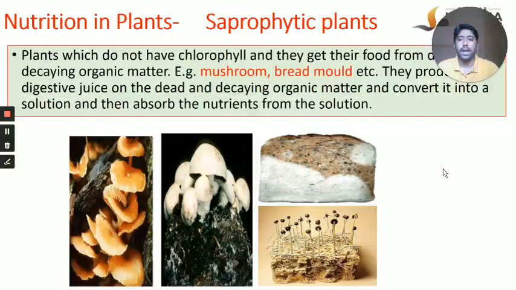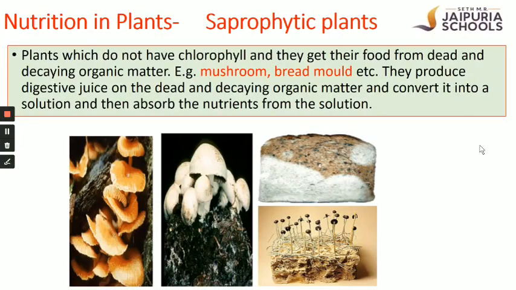Okay, plants which do not have chlorophyll get their food from dead and decaying organic matter, for example mushroom, bread mold, etc. They produce digestive juice on the dead and decaying organic matter and convert it into a solution and then absorb the nutrients from the solution. So saprophytic plants do not have their own chlorophyll, so where do they take their food from?